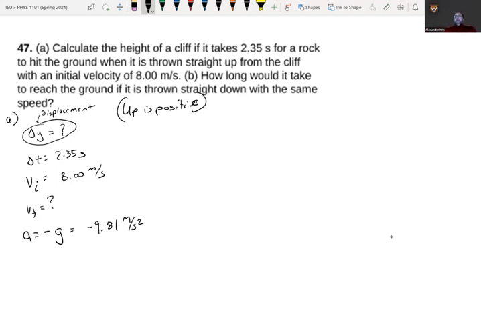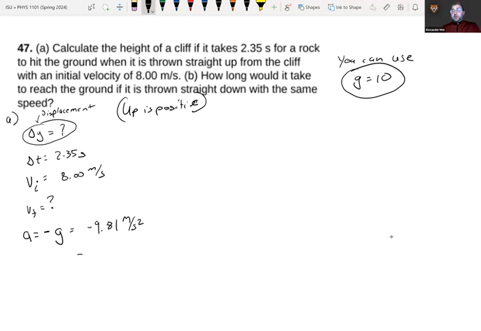A little hint, and I will tell you for the purposes of your free response, in order to make this easier, I will allow you to just use g equals 10.